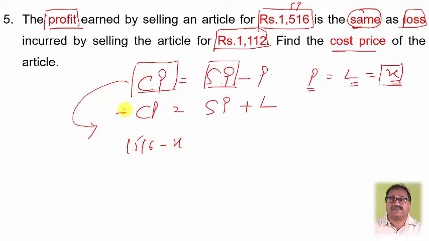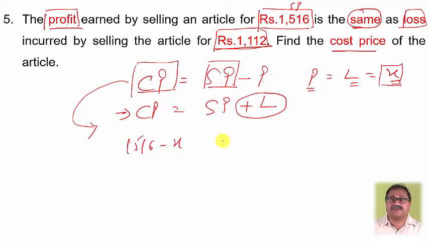And in another way I will get the cost price when there is a loss. In the second case there is a loss. And how much loss? X rupee. Because profit is equal to loss, I consider that as x. So the loss is also x. And in case of loss, what happens? Cost price is equal to selling price plus loss. So what is the selling price in case of loss? It is 1112.